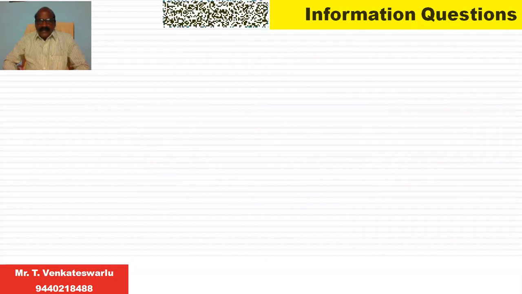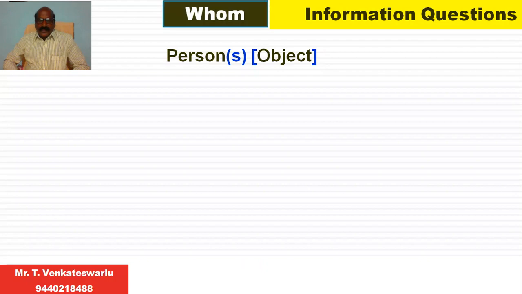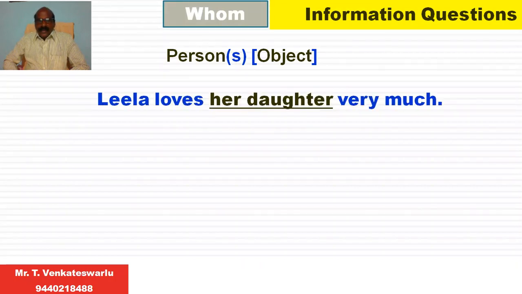And next, another question word, whom. The question word whom also refers to persons, but only when it refers to an object, we use the question word whom. For example, Leela loves her daughter very much.